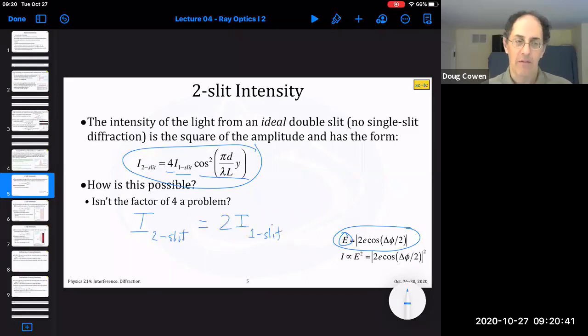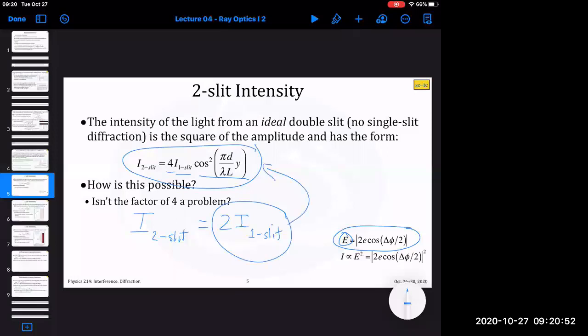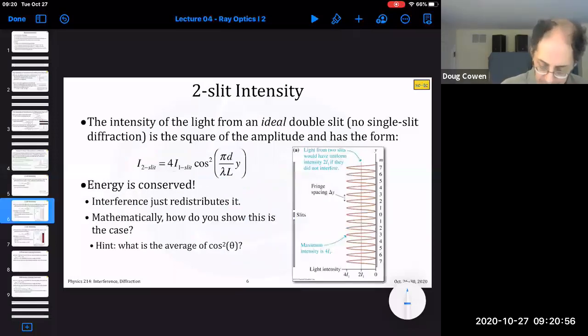So whatever the intensity is coming through one slit, if you've got 2 slits, you expect double that. But instead of seeing this, we see this. So should we worry about that? It looks like maybe energy isn't being conserved, for example, because instead of seeing a factor of 2 there, we're seeing a factor of 4, and the intensity is related to the energy.